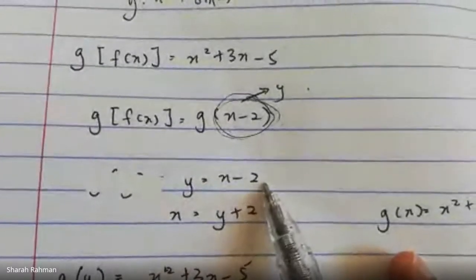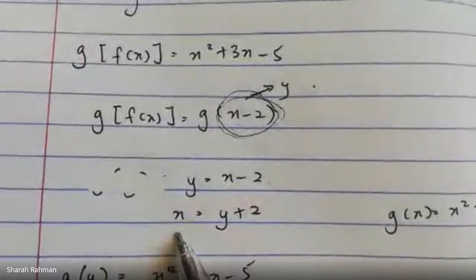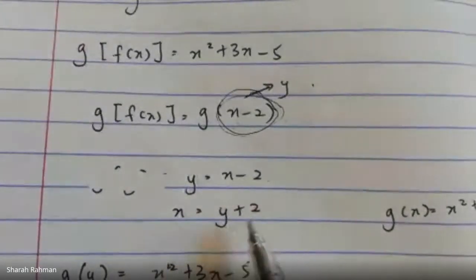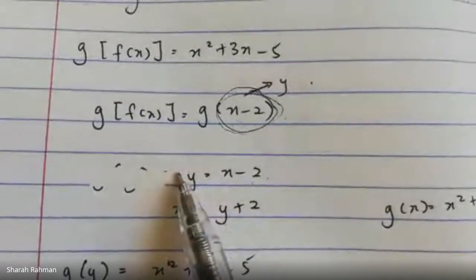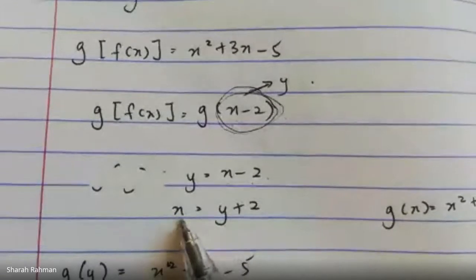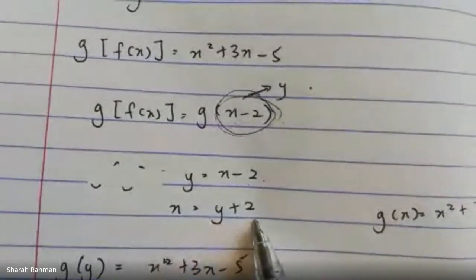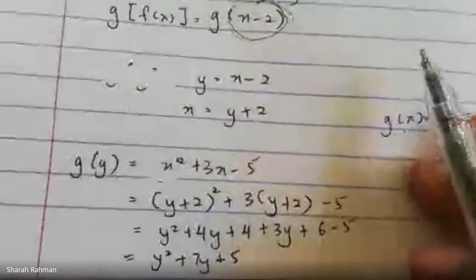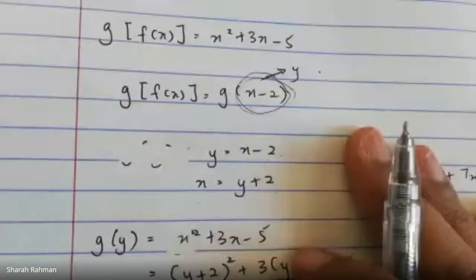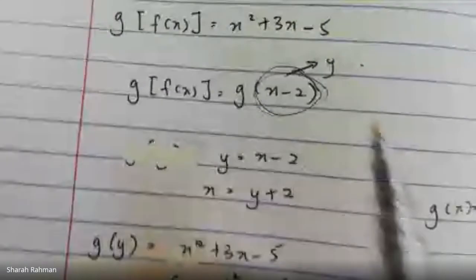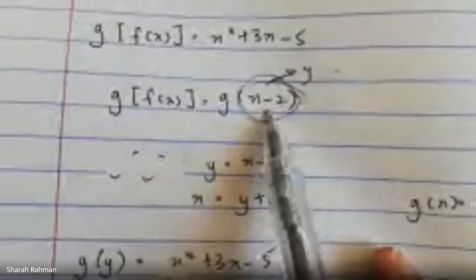Then we want to find x. x equals y plus 2. This negative 2 brought to the other side becomes positive. So x equals y plus 2. After we get this, we need to find g(y). Why g(y)? Because we assume this one as y.